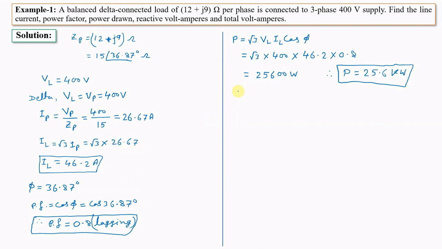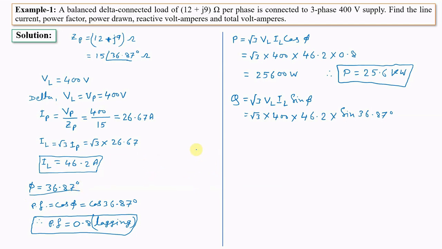Similarly, the reactive power, that is Q, is root 3 VL IL sin phi. So it will be root 3 into 400 into line current 46.2 into sin 36.87 degree, because we have already seen that the phase angle here is 36.87.